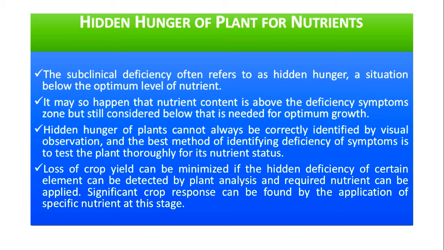Hidden hunger of plants cannot always be correctly identified by visual observation, and the best method of identifying hidden hunger is to test the plant thoroughly for its nutritional status. Loss of crop yield can be minimized if the hidden deficiency of certain elements can be detected by plant analysis and the required nutrient can be applied. Significant crop response can be found by the application of the specific nutrient at this stage.